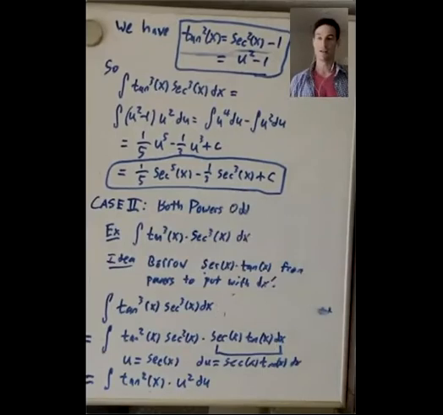So that's the key idea. When both powers are odd, we're going to borrow one secant and one tangent from those odd powers. So I'll pause and erase, and I'll say a few things about the last remaining case where one power is even and one power is odd, and then emphasize some things for you to remember.